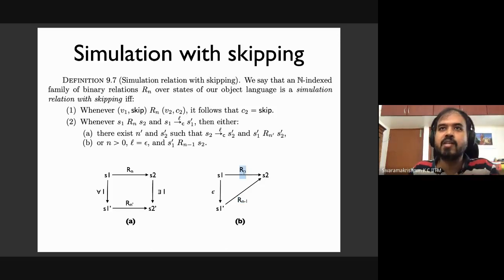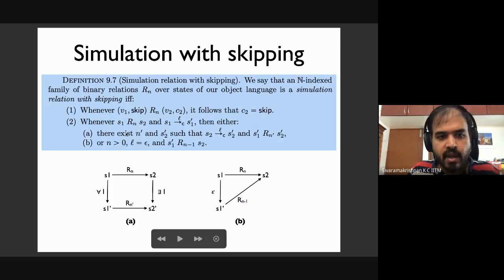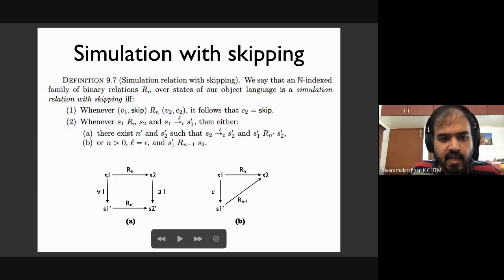As you keep subtracting, natural numbers should become 0, so it reduces each step. Eventually, it has to reduce down to the other step. It says that you can step from S1 to S1 prime, emitting some L. Similarly, you can step from S2 to S2 prime by emitting the same L.